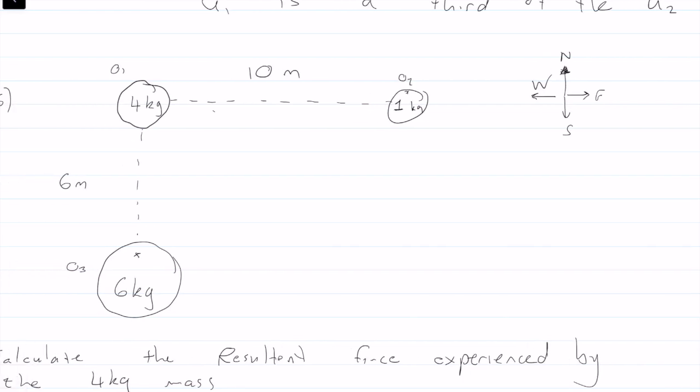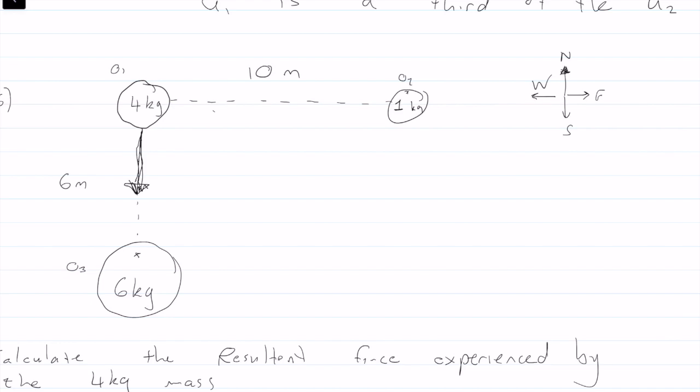The 4 kilogram can move up, down, left, right, however it feels. But we know that the forces are going to be of attraction. So the 4 kilogram is going to be attracted to the 6 kilogram block, so that force is going to act directly south.